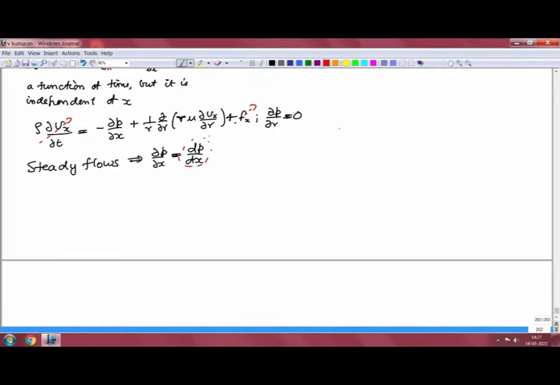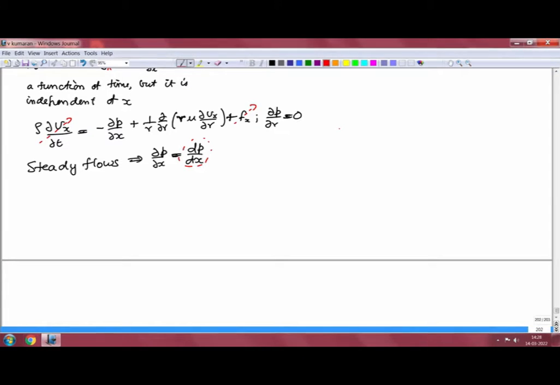And the velocity Vx we already know is independent of x for a fully developed flow. It is independent of the downstream coordinate because the flow is fully developed, and the profile is the same at all axial locations. For a steady flow, this is also independent of time.